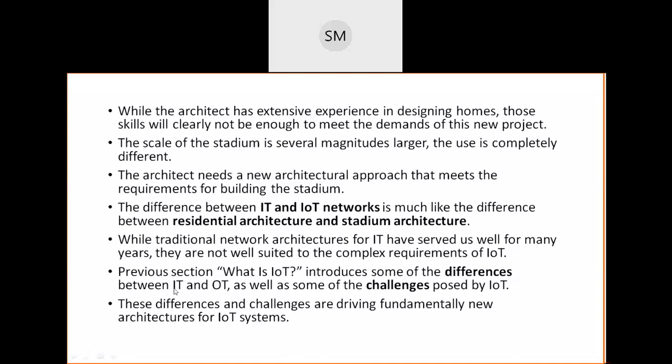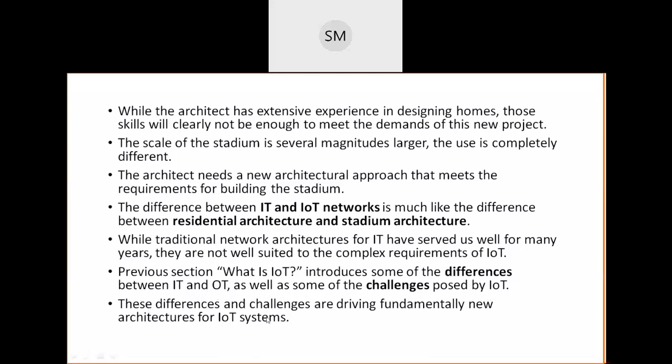IT concentrates mainly on the security of data transfer, and OT concentrates mainly on the operations of systems. We have also studied some of the challenges, the IoT challenges.